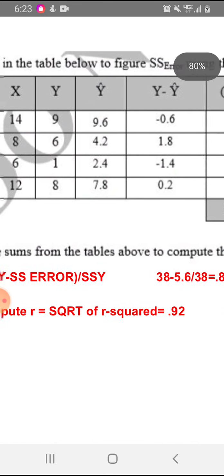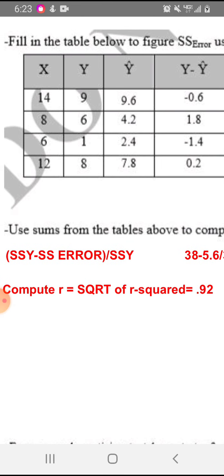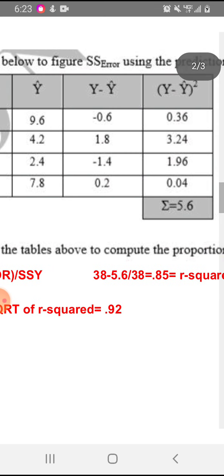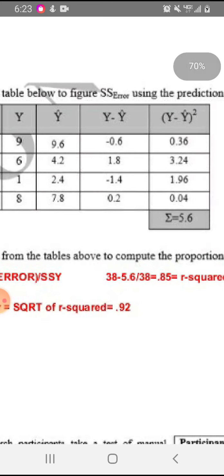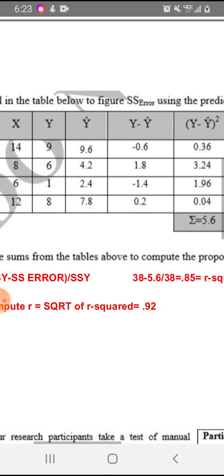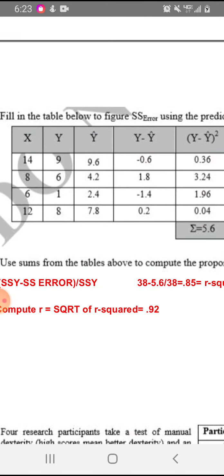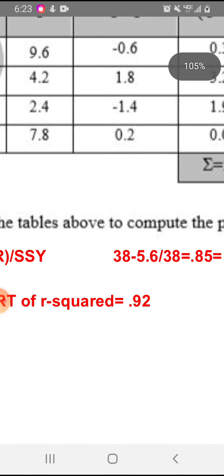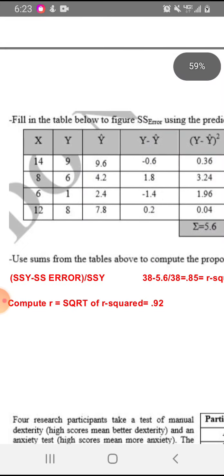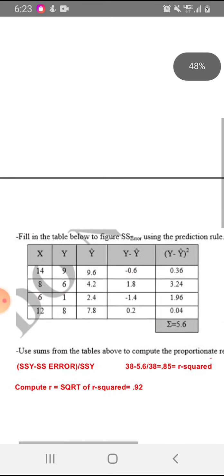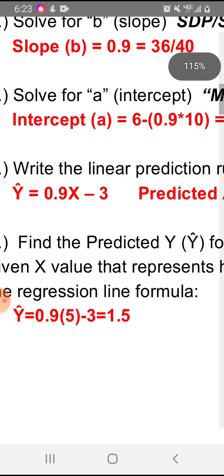So we would have an r, or a correlation, of 1. And when looking at regression while using this technique, the 1 would represent we have a 100% chance that we will predict the correct outcome. So in this case, an r of 0.92, you could also look at it as there's a 92% chance that we will get the correct prediction from our regression equation.